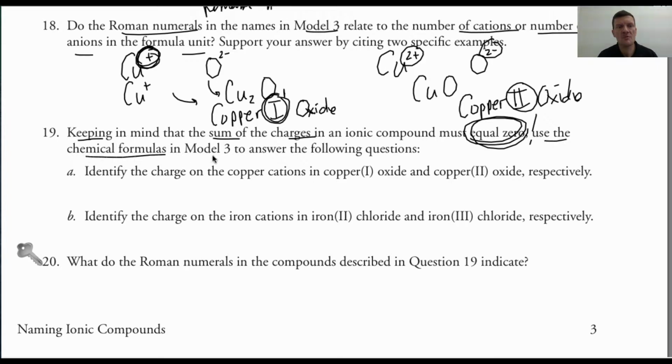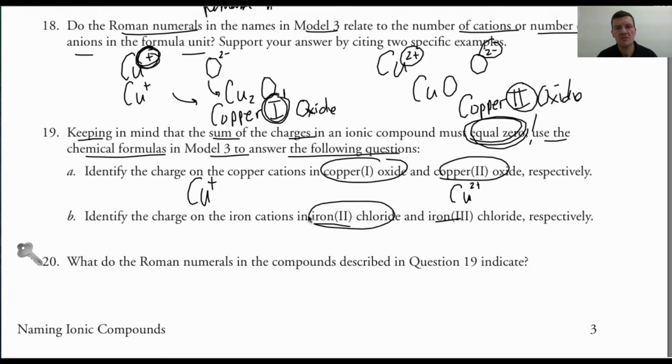Use the chemical formulas in Model 3 to answer the following questions. Identify the charge of the copper cations in copper 1 oxide. If it's copper 1 oxide, then the copper has a +1 charge. Copper 2 oxide, then the copper has a +2 charge. That Roman numeral is telling you the charge on the metal. Identify the charge of the iron cations in iron 2 and iron 3.